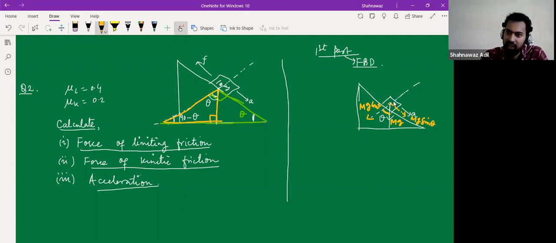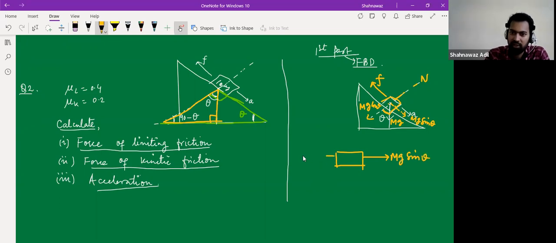And on this block, the perpendicular force will be the normal reaction. And friction will be where? So this is the frictional force. Let's make this diagram like this. One force is acting like this, which is mg sin theta.